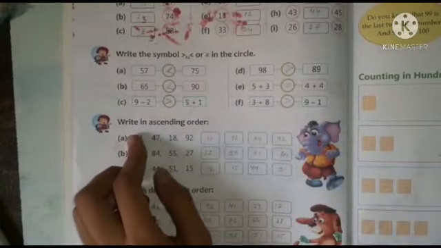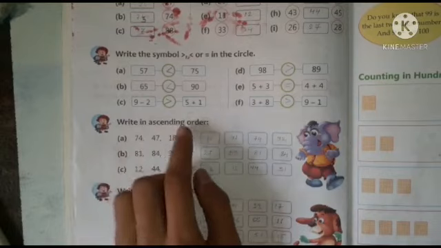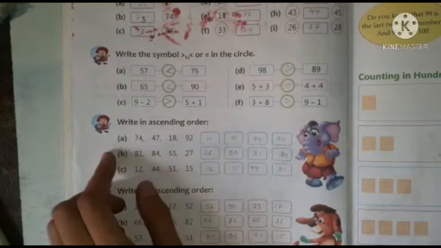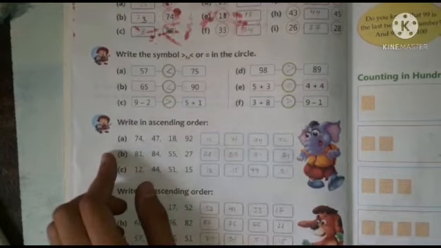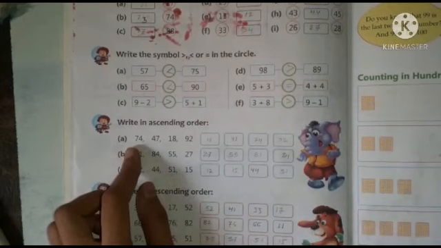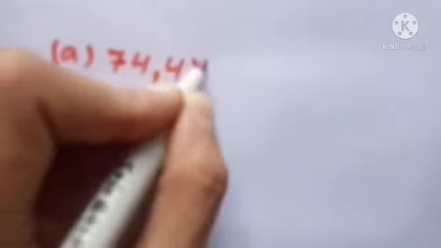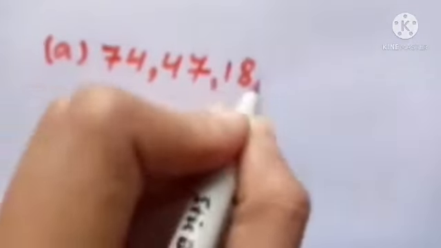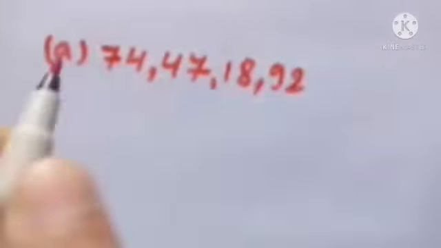Dear students, look at page number 8. On page number 8, there is one question given. Write in ascending order. We already know what ascending order is. Let's do question number A. In question number A, 74, 47, 18 and 92 are given.